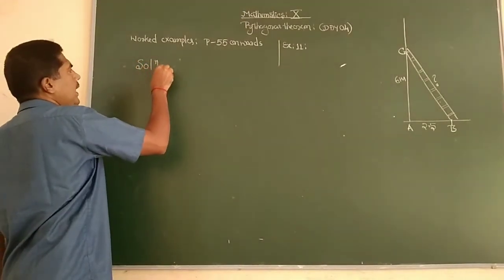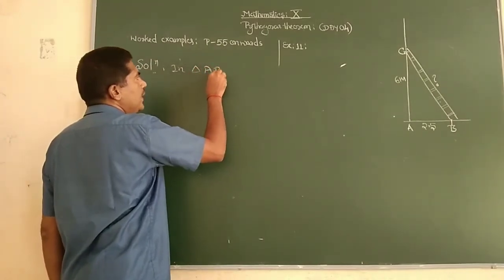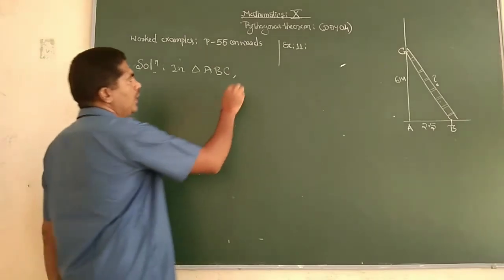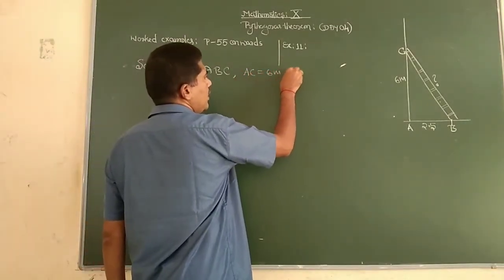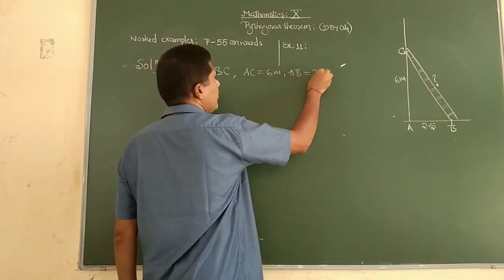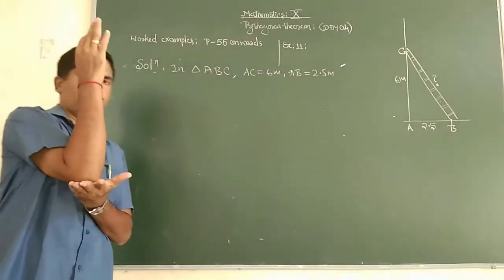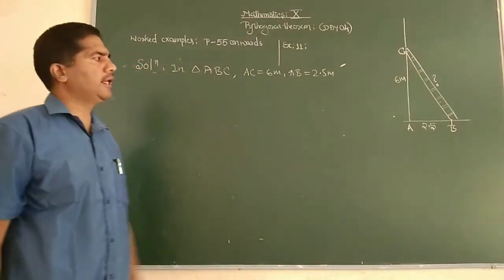So in the solution, take triangle ABC. In triangle ABC, what do you know? AC equal to 6 meters, AB equal to 2.5. We are assuming the wall is perpendicular to the base, so that's why we did not mention that it is a right angle triangle.